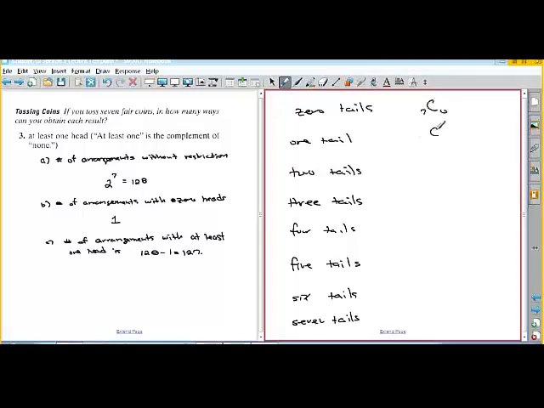Because what we were saying earlier was this is 7 things taken 0 at a time. This would be 7 things taken 1 at a time. This would be 7 things taken 2 at a time, 7 things taken 3 at a time, and so forth through this whole different number of tails.